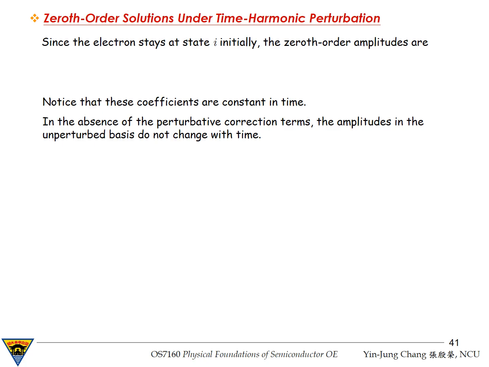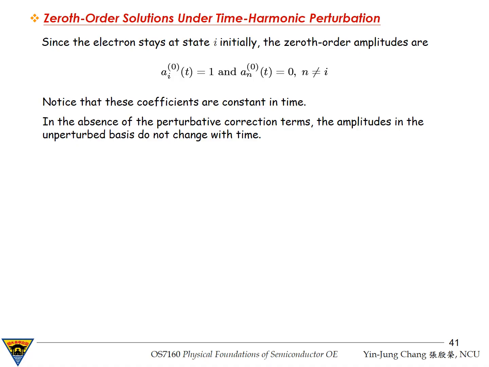Now let's look at the zeroth order solution under this harmonic perturbation. Since the electron remains in state i initially, the zeroth order amplitudes are given by these two expressions. So we have the zeroth order amplitude of state i be equal to 1 for all time instants, and the zeroth order amplitudes of the rest of the unperturbed eigenstates must be 0.